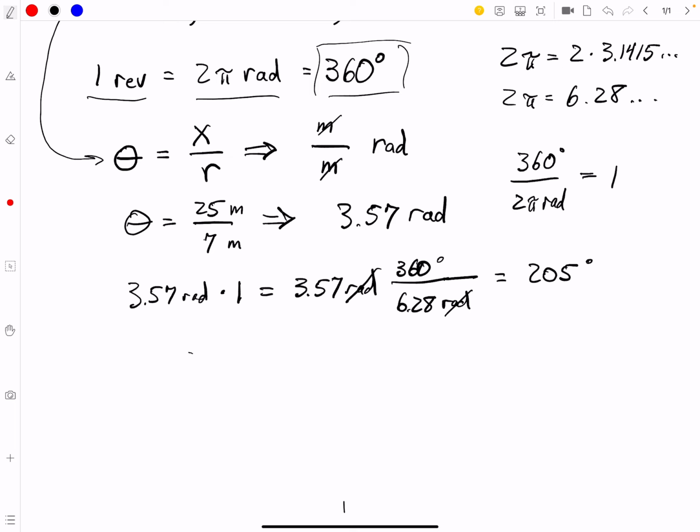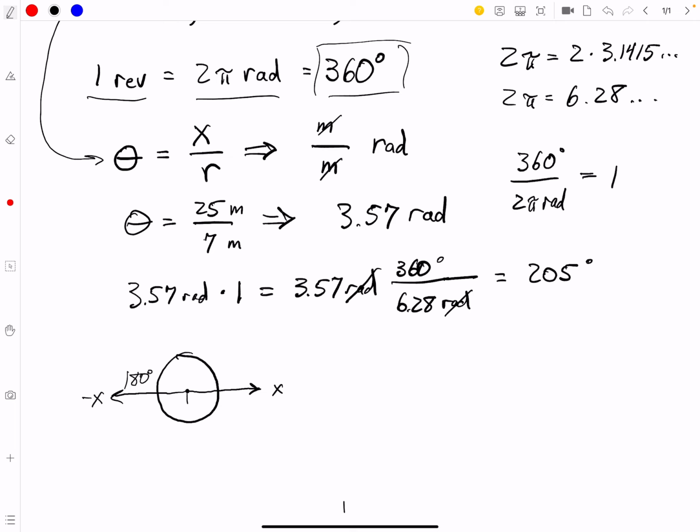What does 205 degrees look like? Here's our circle. Here's the x-axis, which we typically work from. And we know that if we go all the way to the minus x side, we've got 180 degrees.